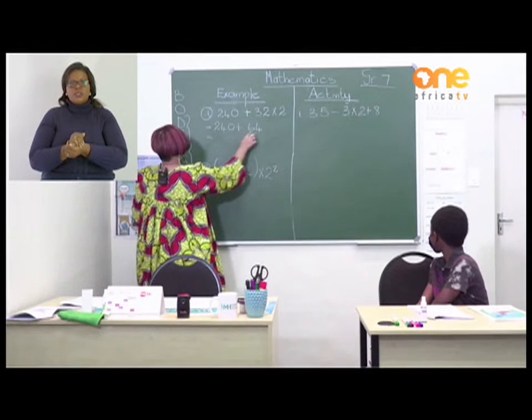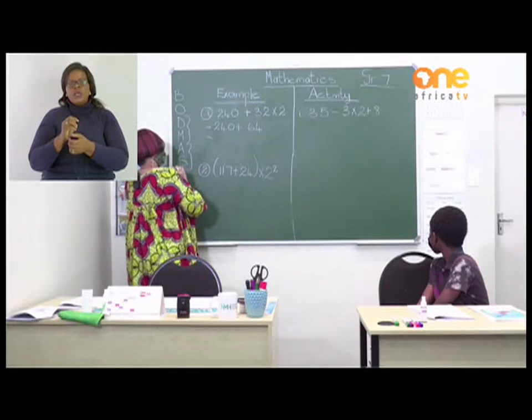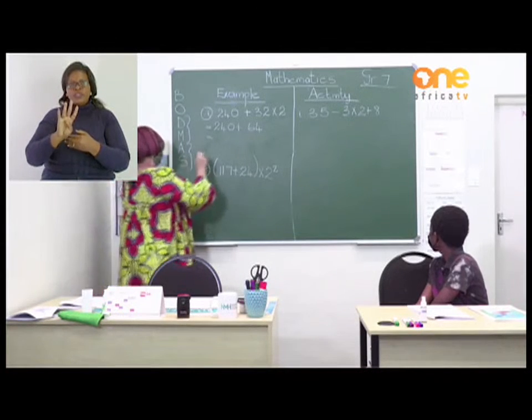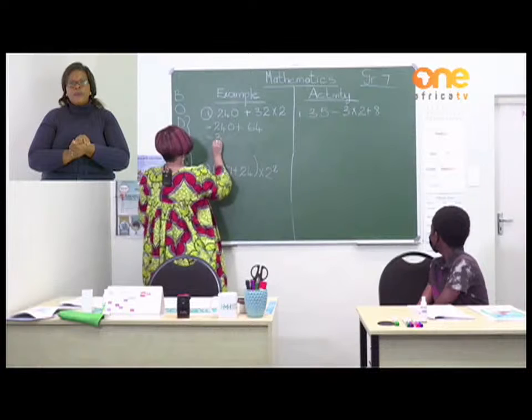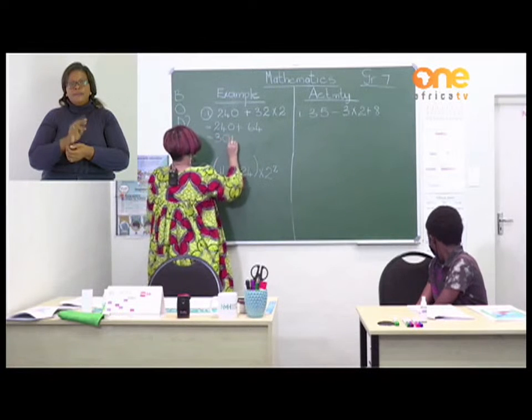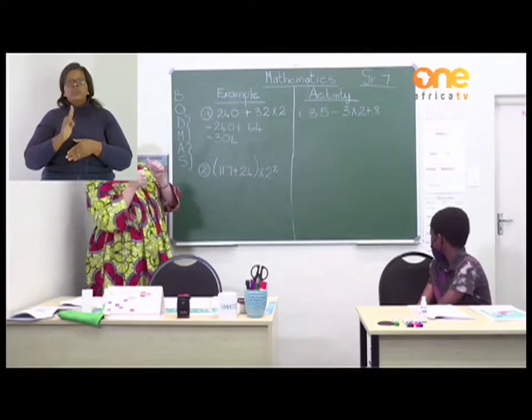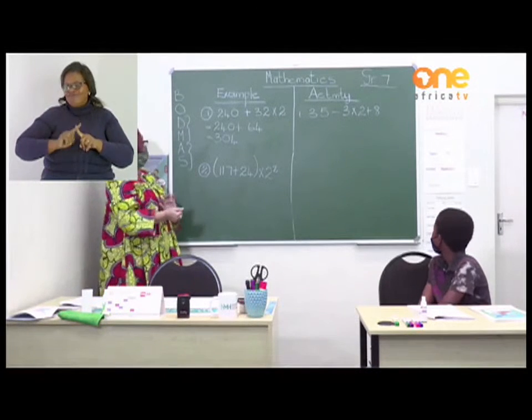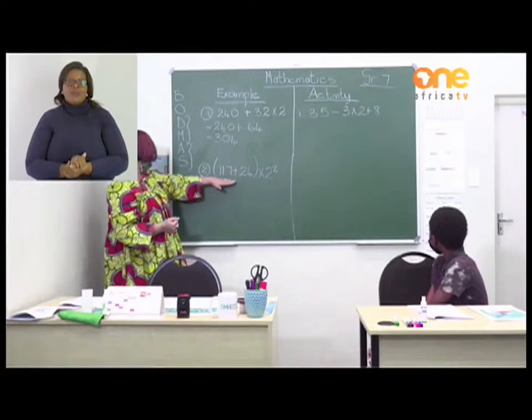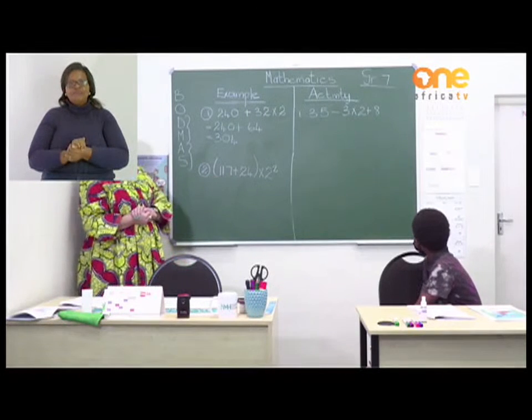So 240 plus 64 will give me 304. I hope you found the answer before me. Thank you. All right, let's do our second example.